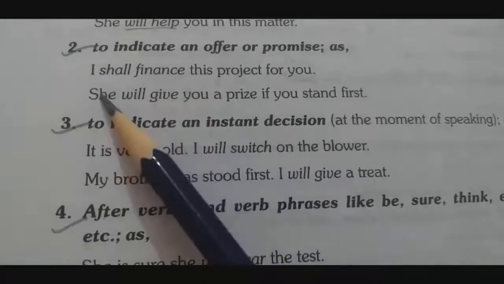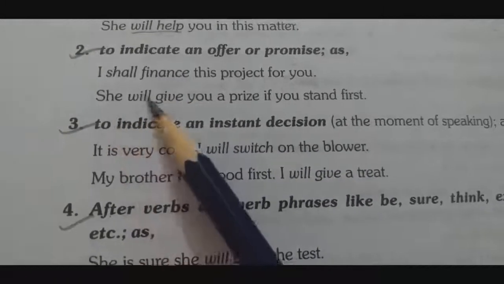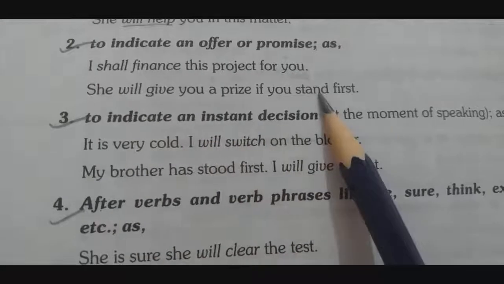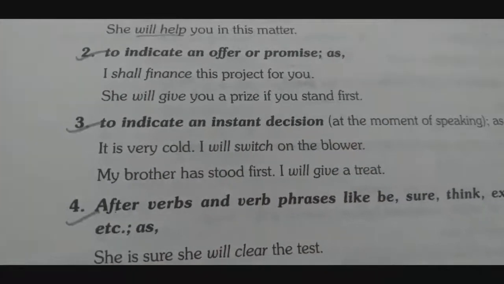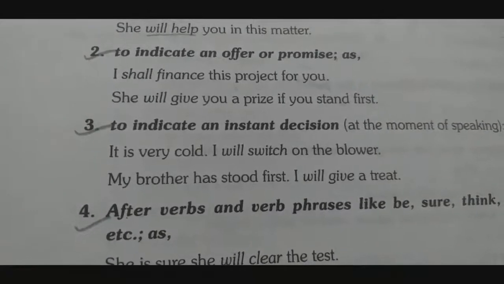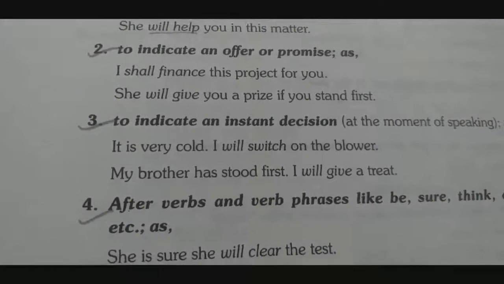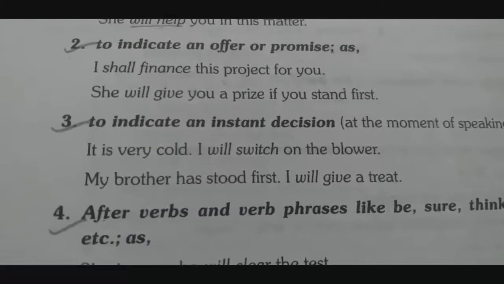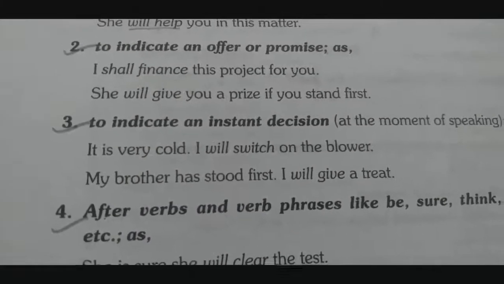Clear? Example number 2: she will give you a prize if you stand first. Suppose you are good in studies and I want you to be an excellent child, and I talk to your mother, and then your mother tells me that she has an offer for you.